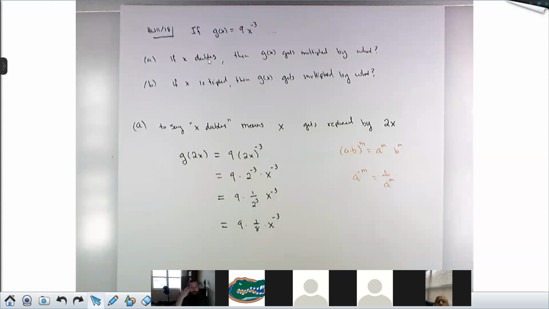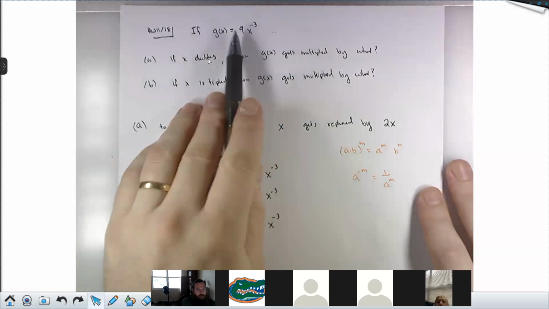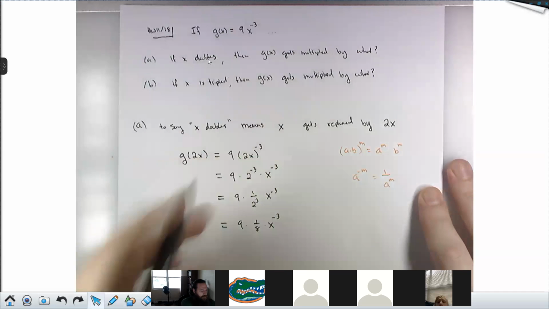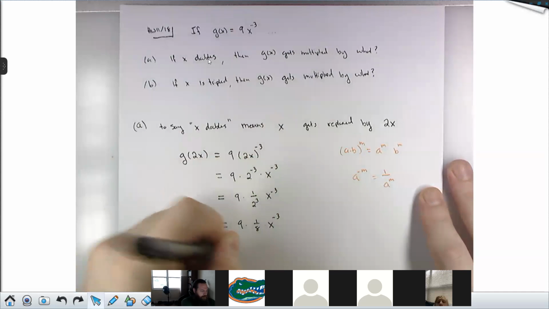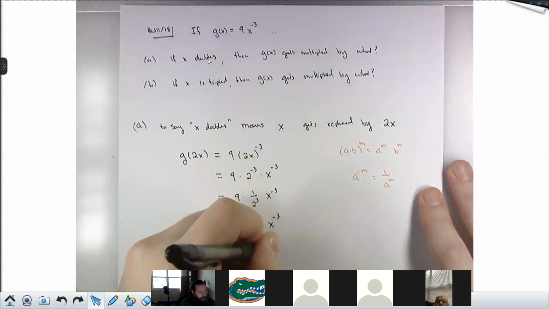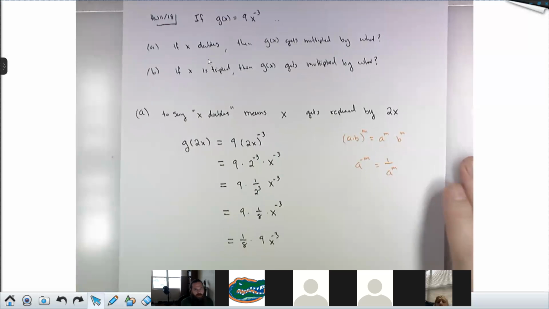And then the only thing I would do here is shuffle that 1/8 out front, right? The original thing had a 9, had an x to the negative 3. Well, here's my 9, here's my x to the negative 3. So if I want to, I can, everything here is being multiplied, so I can do that multiplication in whatever order I want. And I think rewriting it like this makes it easier to see what's going on.